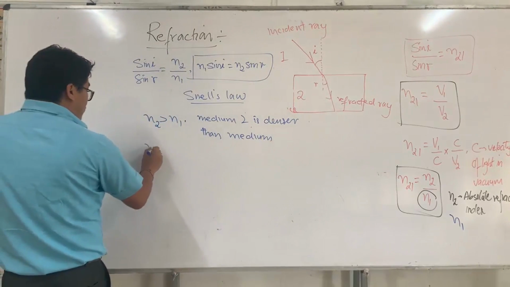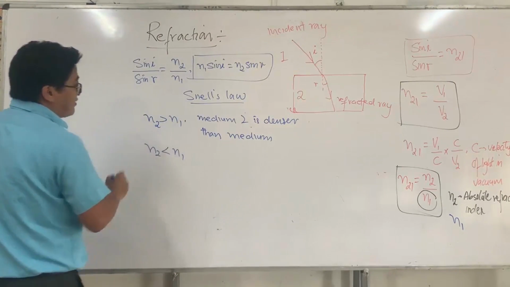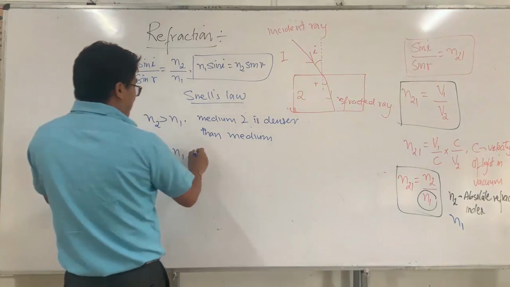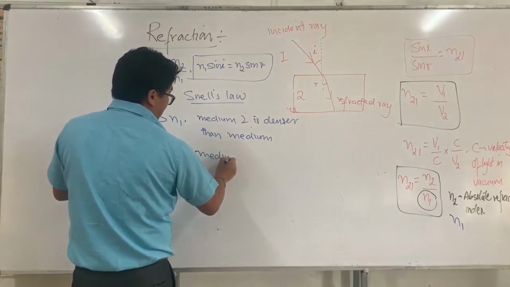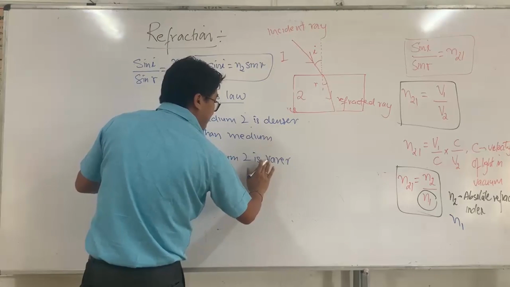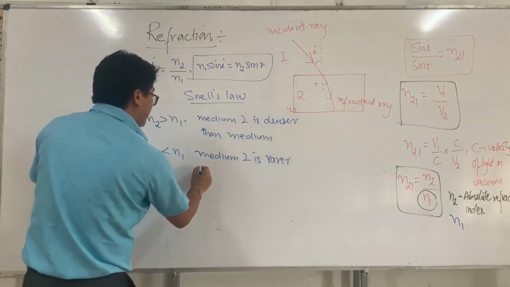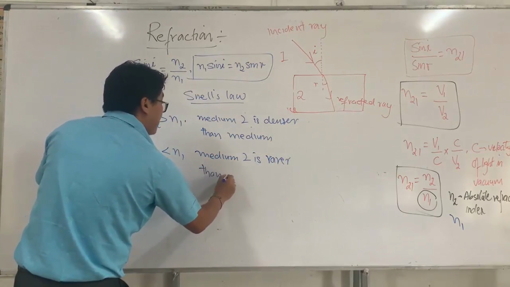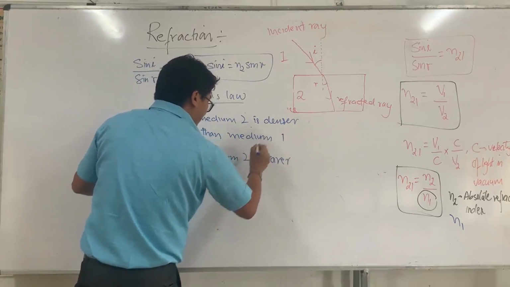If N2 is less than N1, then medium 2 is rarer than medium 1, right?